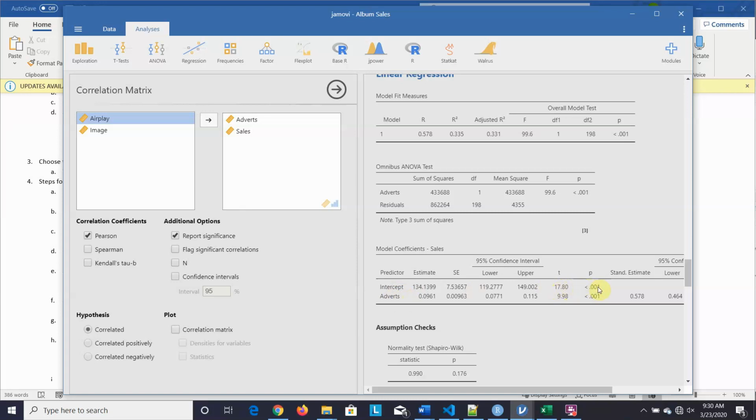And not surprisingly, this p-value for the intercept is significant, and the p-value for the adverts variable is significant. And what that tells you is that that part of the model is important to the model. That helps you to accurately predict the outcome variable from the predictor variables. So we see that the intercept and the slope are both important parts of that model.